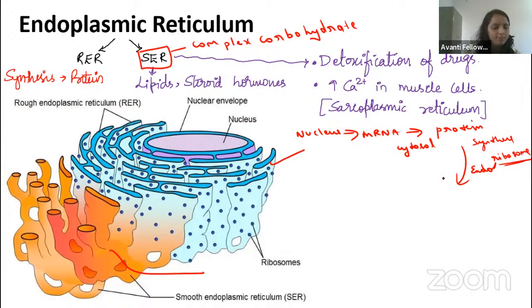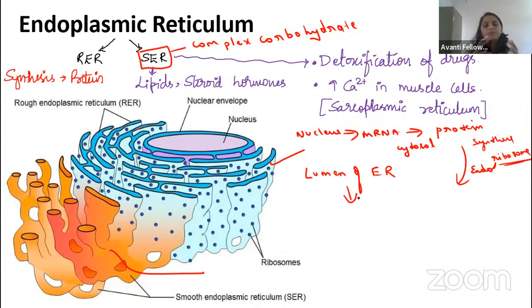So listen here, what will happen? The ribosome attached to the endoplasmic reticulum will synthesize the protein. Then it will send the proteins to the lumen of the ER. So in the lumen of the ER, what changes will take place?